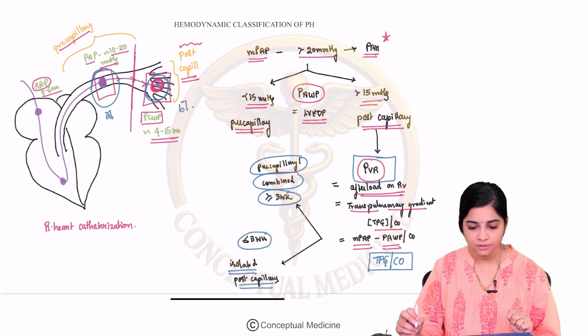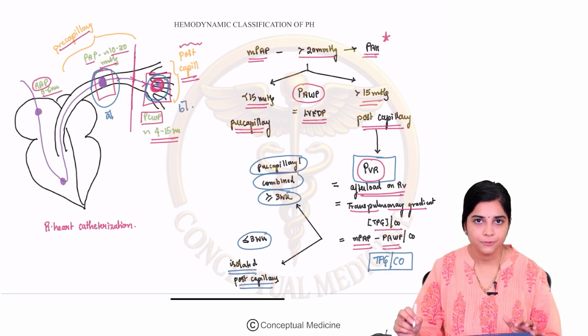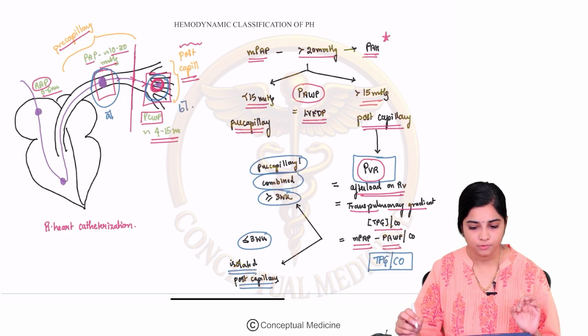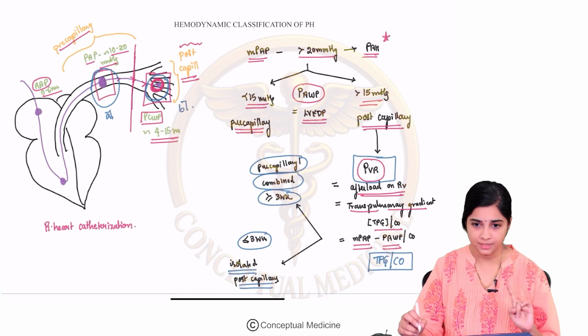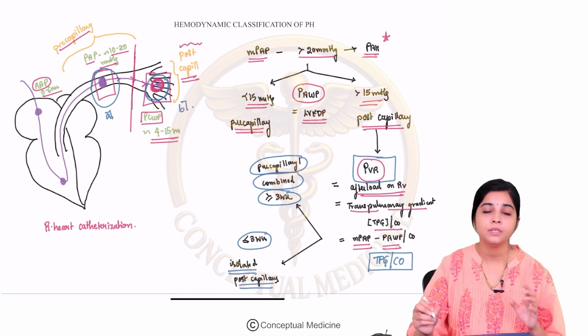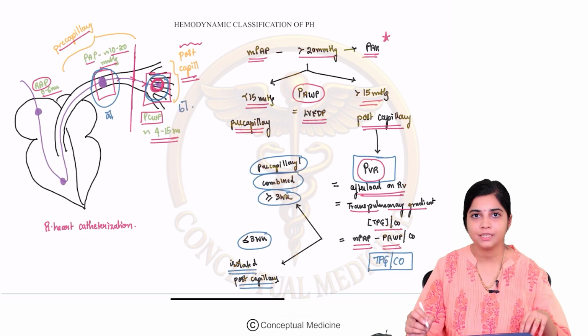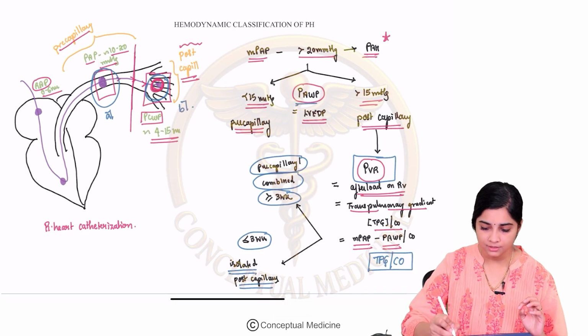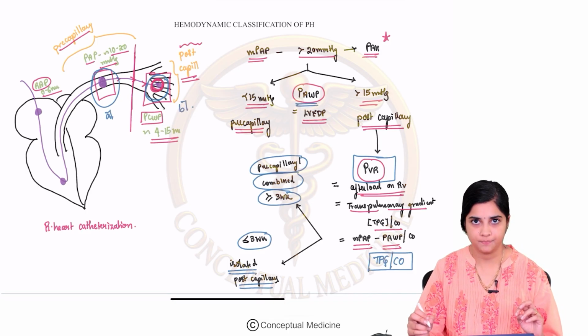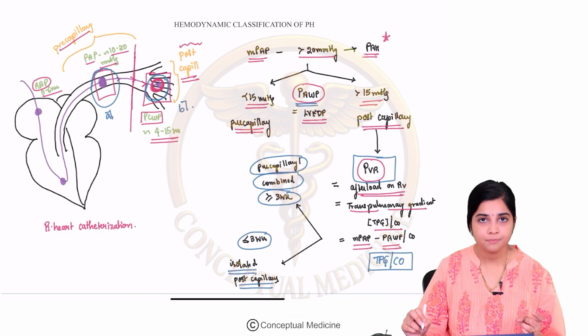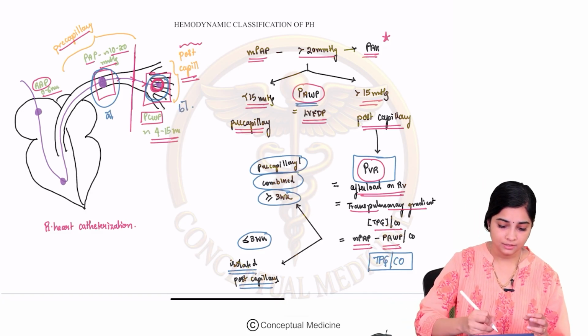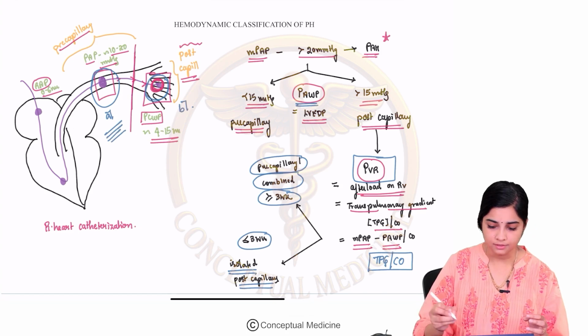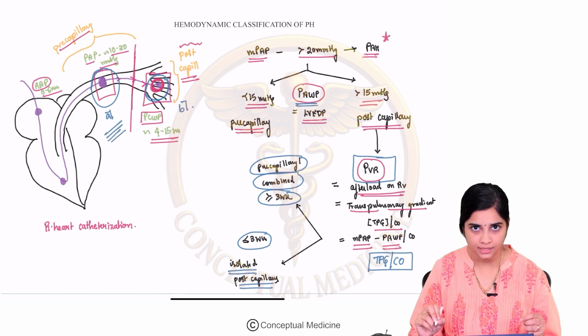Okay, fine. So this might seem a little bit confusing. Let us just revise this once more. Once you have diagnosed pulmonary hypertension, you are going to divide it into pre-capillary versus post-capillary based on the pulmonary artery wedge pressure, right? If the pulmonary artery wedge pressure is less than 15, then it is due to a cause up till here, so it is a pre-capillary pulmonary hypertension.